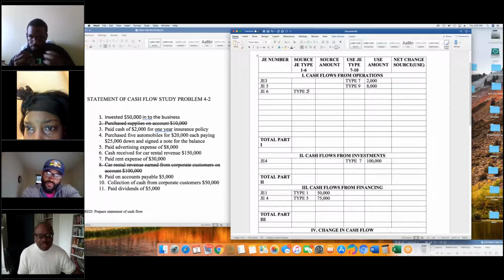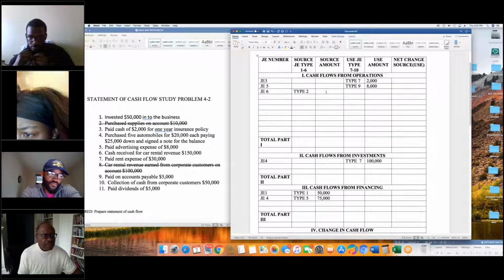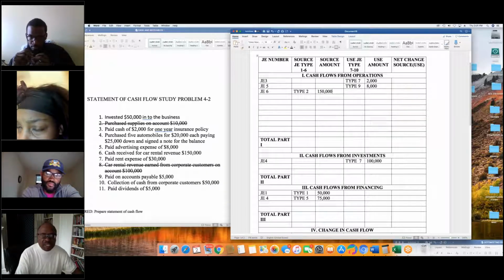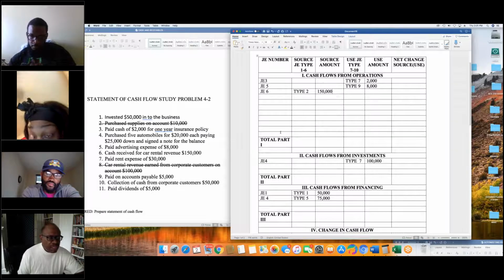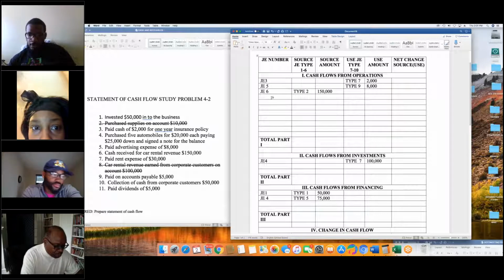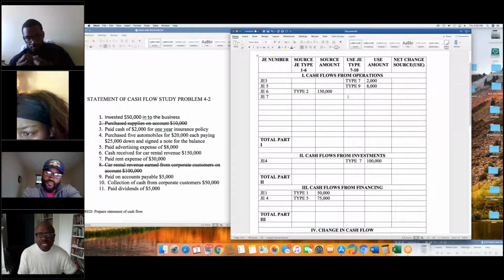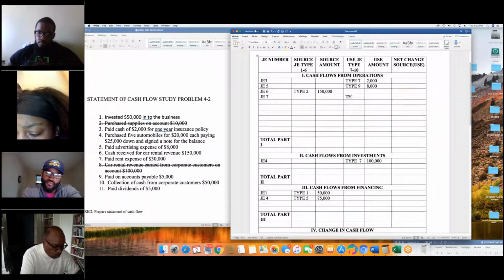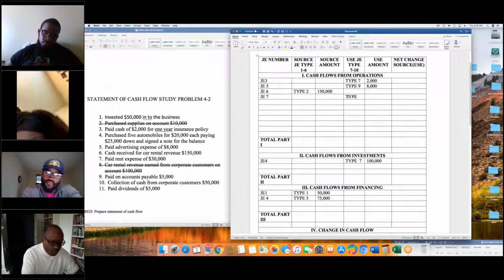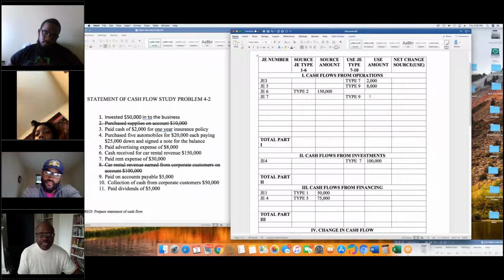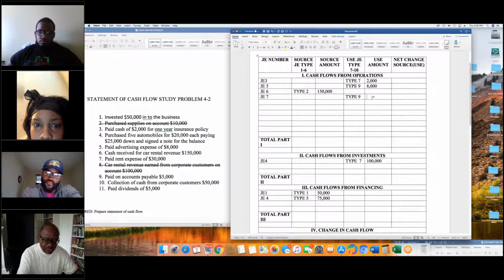Since it's a type 2, it's going to be on the source side, and that's 150,000. Then number 7, we pay rent. It's going to be a type 9. And the amount of that rent paid was 30,000.